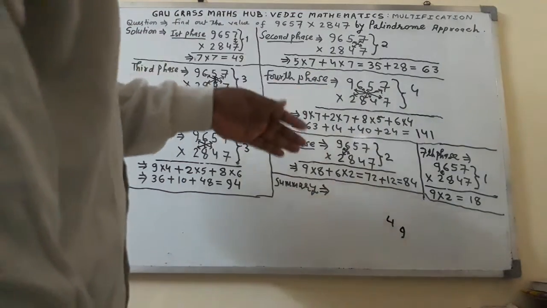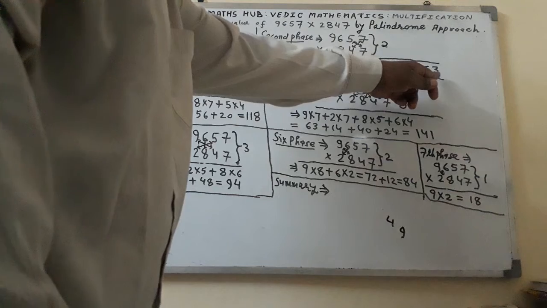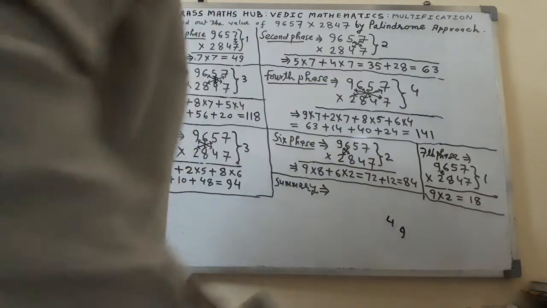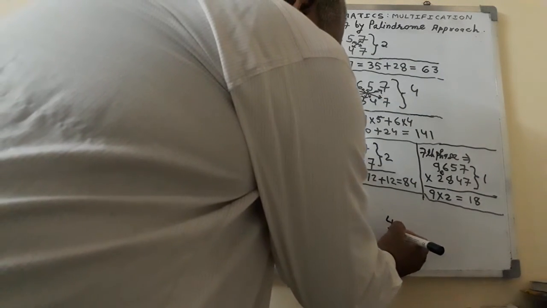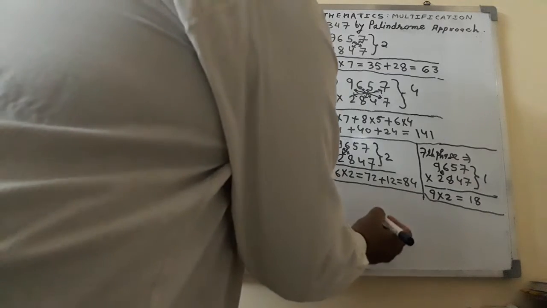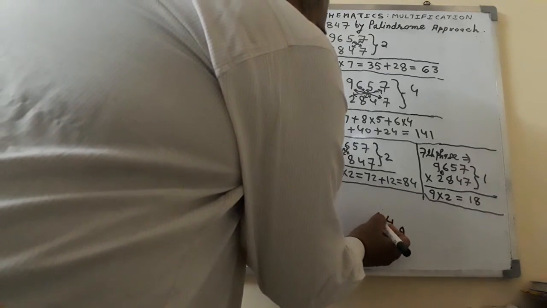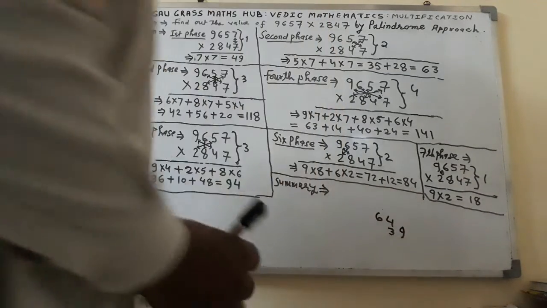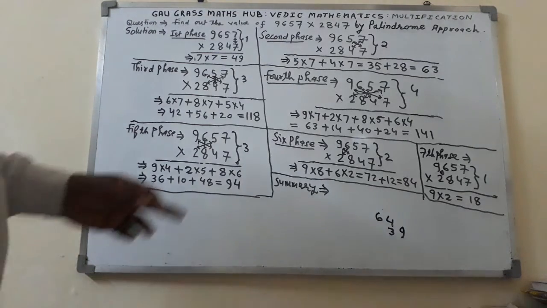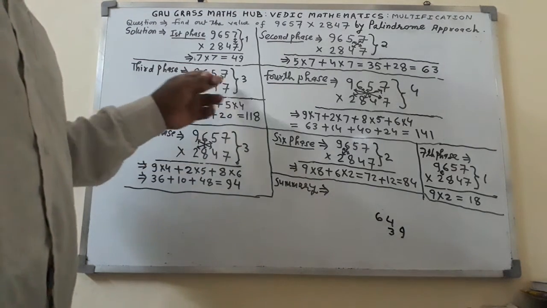From the second page you have got 63. The unit place digit 3 will be reflected at this place and 6 will be reflected at this place, like this. Now come out to third page.